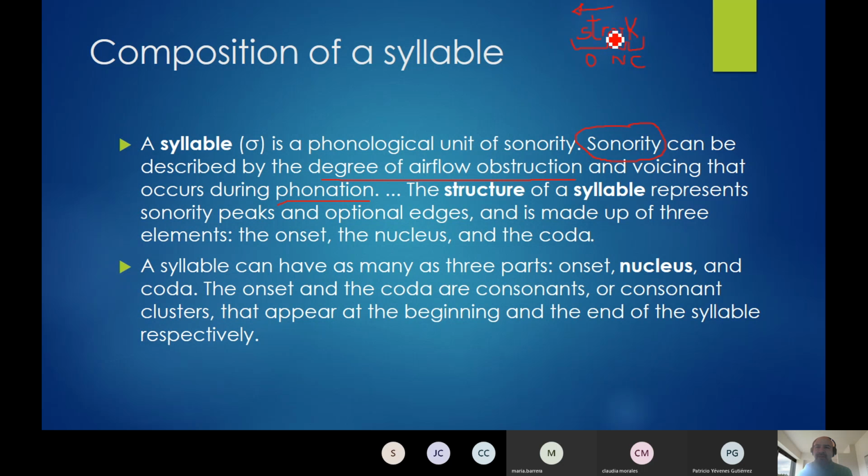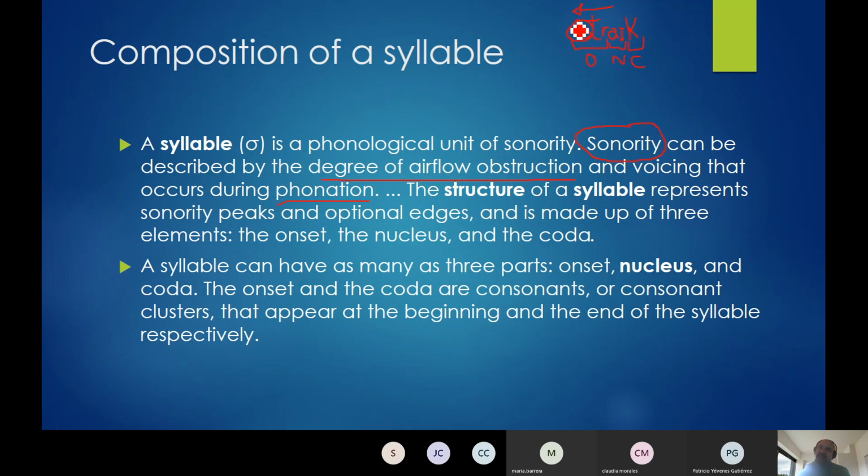So the consonant sound in this case, which is closer to the nucleus, is more sonorant than t, and t is more sonorant than s. So the least sonorous sound would be the one that's furthest away from the nucleus. In this case, s would be the least sonorant.